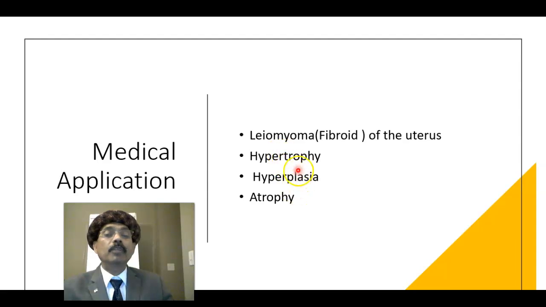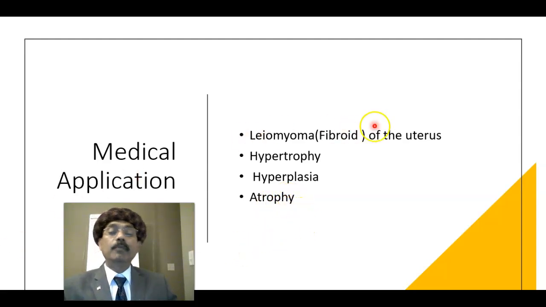Hypertrophy and hyperplasia are seen in pregnant women, so the cell size is variable. In a pregnant woman, the smooth muscle cell length may be up to 500 micron. Otherwise, in other places, the length of the smooth muscle is around 5 to 10 micron. We have hyperplasia, excessive cell formation; hypertrophy, excess size of the cell; and atrophy, which means a decrease in cell mass.